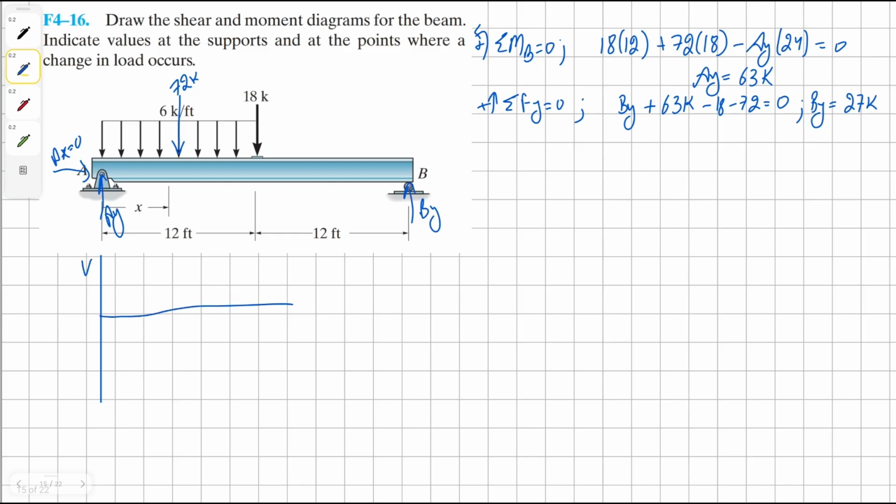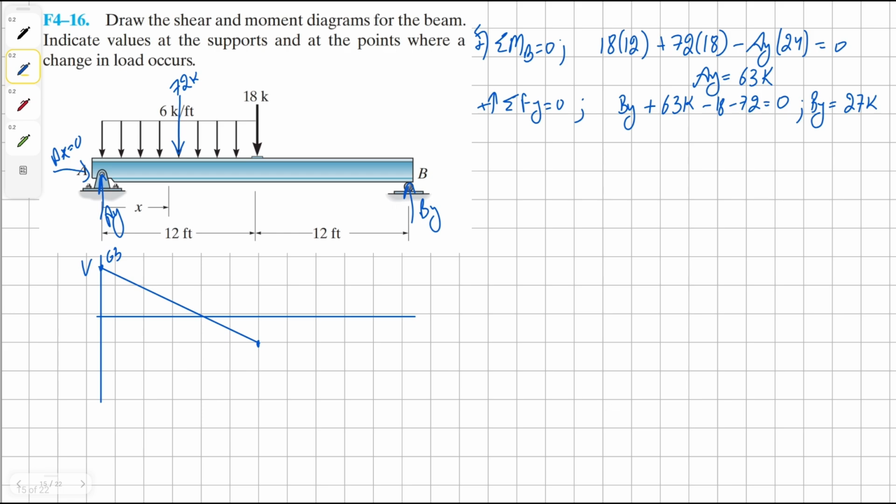So our shear diagram is going to look something like this, where it starts at positive 63. And then 63 take away 72 is negative 9. So it's going to go all the way till negative 9.